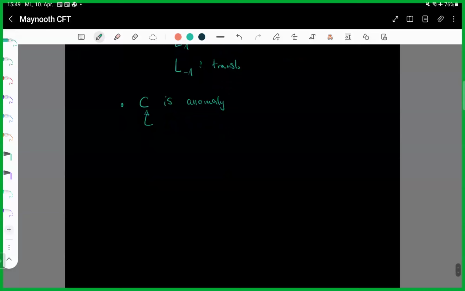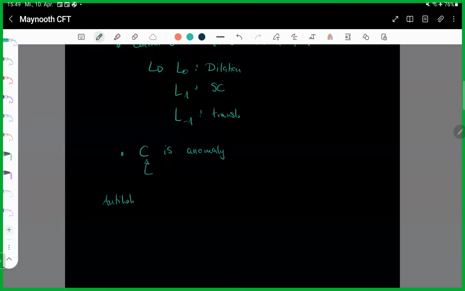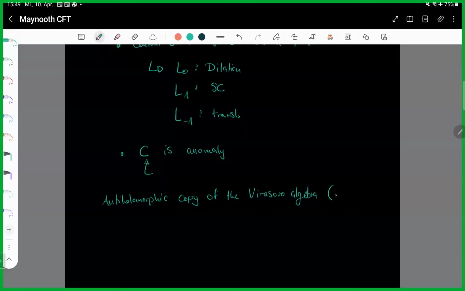Okay, just as before, let's keep it here. Just as before, so we had a holomorphic copy of, so there's an anti-holomorphic copy, sorry, of the Virasoro algebra. And this is really just given by generators L bar n and L bar m.